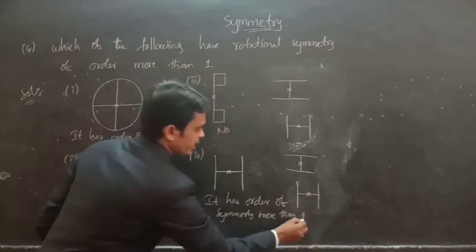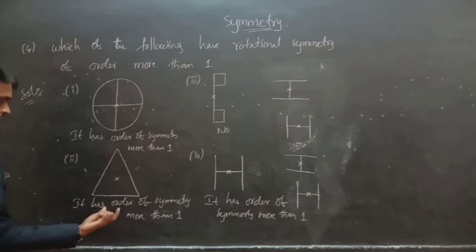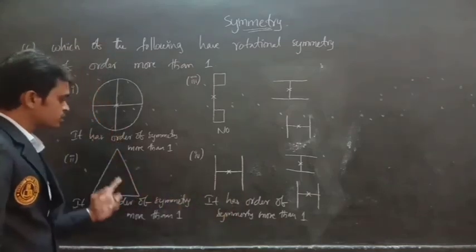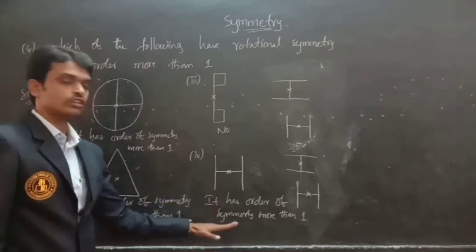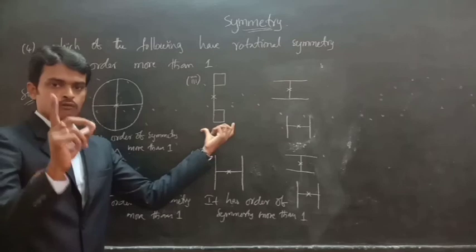So the circular shape, the triangle shape and the alphabet letter H, these three have order of rotation more than 1, but this figure has an order of rotation of only 1.